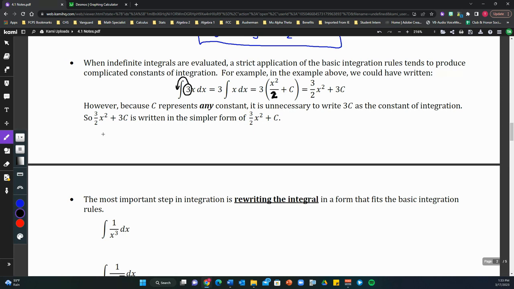It's totally acceptable for you to ignore the c until the very end of the problem, do all the calculus with the other algebraic terms or whatever functions we have, and then at the very end, we're just going to slap on a plus c. So that c kind of is all-encompassing. It's going to represent all of the possible values that we can add on there, including negative. So even though it says plus c, it doesn't necessarily have to be a positive number, and we'll see that with a couple examples here in a little bit.